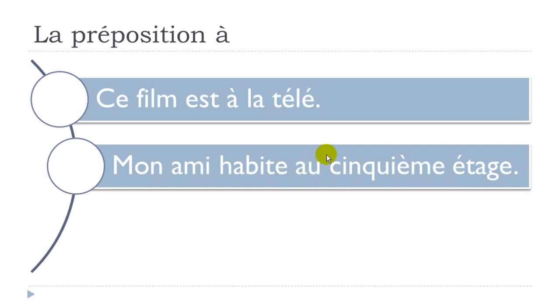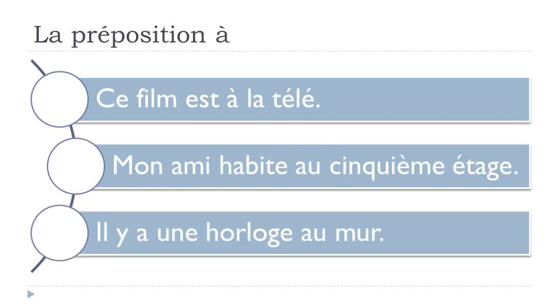And in that case, we get to use this à preposition. Third example, il y a une horloge, okay, a clock, au mur, okay, so same thing here, le mur, the wall, but then we combine à and le and it becomes au, okay, au mur. Il y a une horloge au mur.